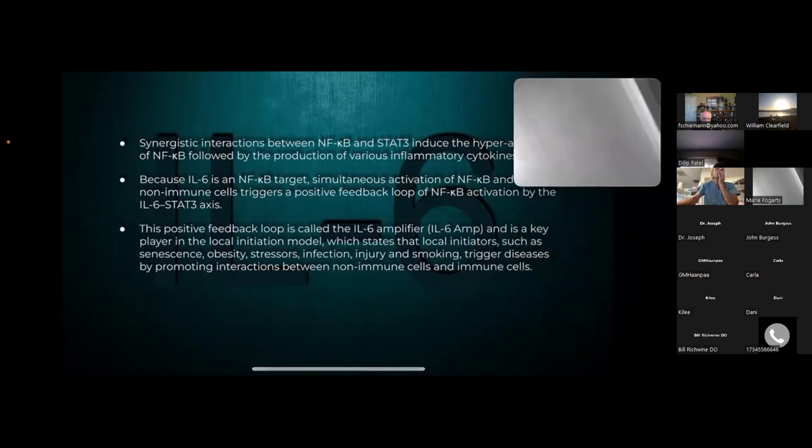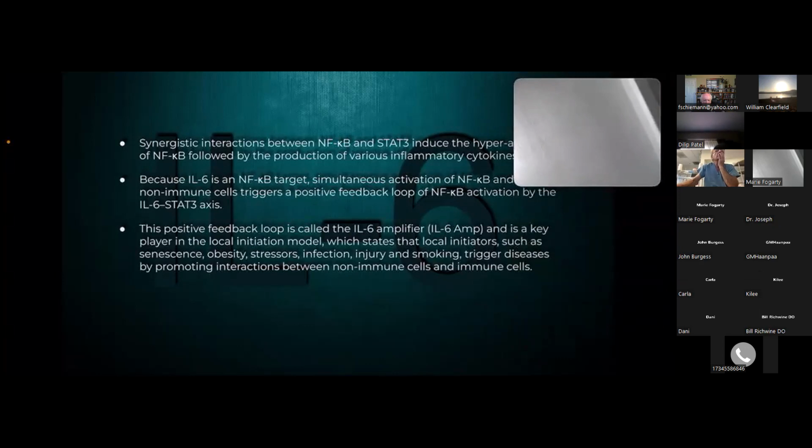This positive feedback loop is called the interleukin-6 amplifier, and is a key player in the local initiation model, which states that local initiators such as senescence, obesity, stressors, infection, injury, and smoking trigger diseases by promoting interactions between non-immune cells and immune cells.